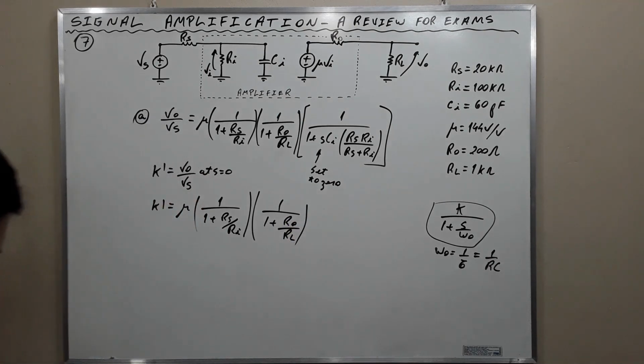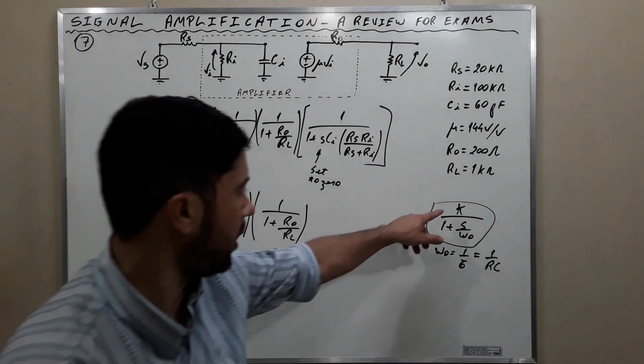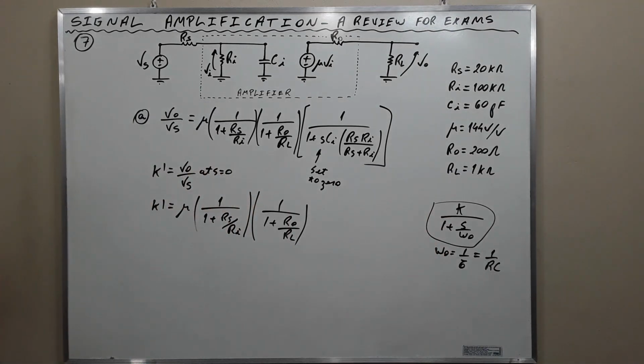Okay, this is the DC gain, where K prime is the gain from source to load, while K is the internal gain from output to input.